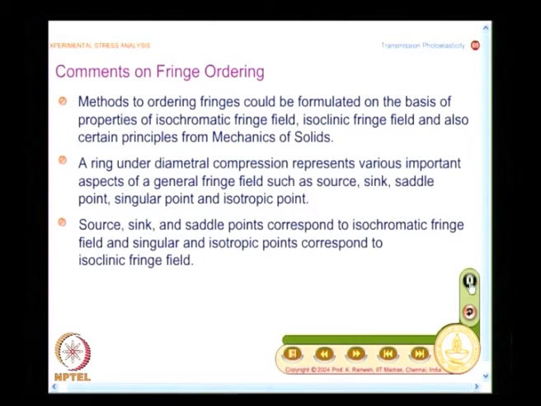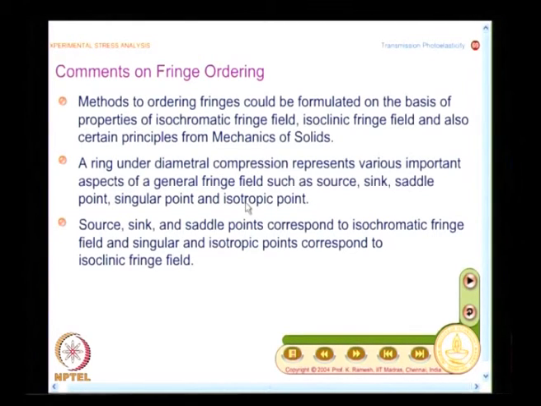And if you look at the problem of a ring under diametral compression, it represents various important aspects of a general fringe field such as source, sink, saddle point, singular point and isotropic point. That is why we want to go for ring under diametral compression.